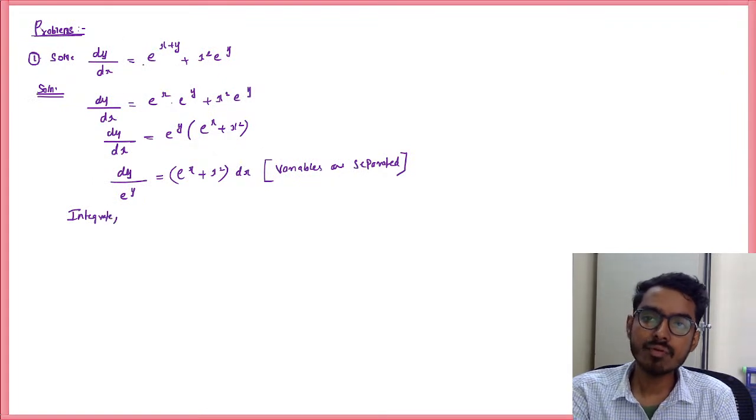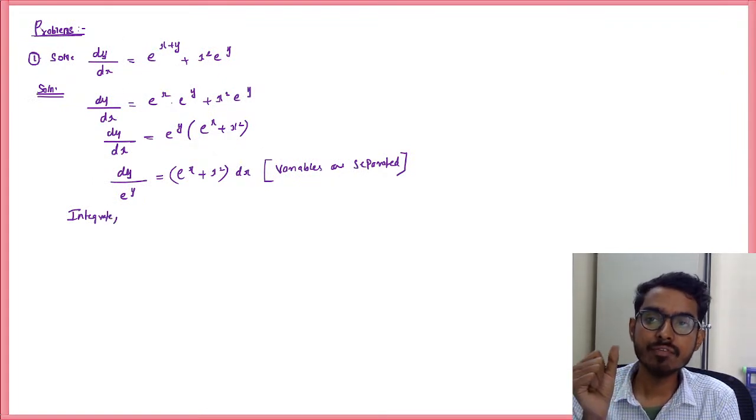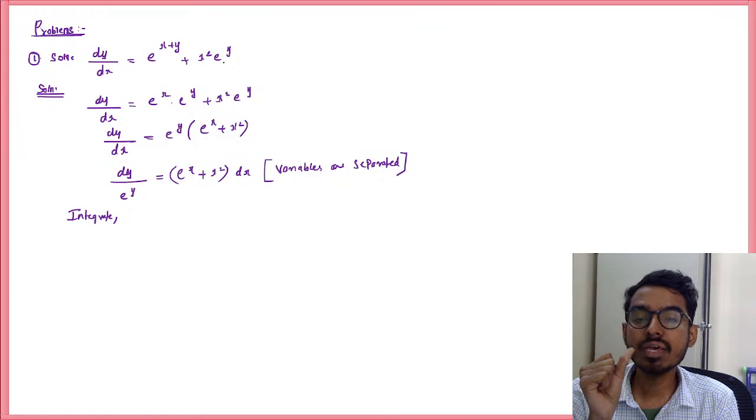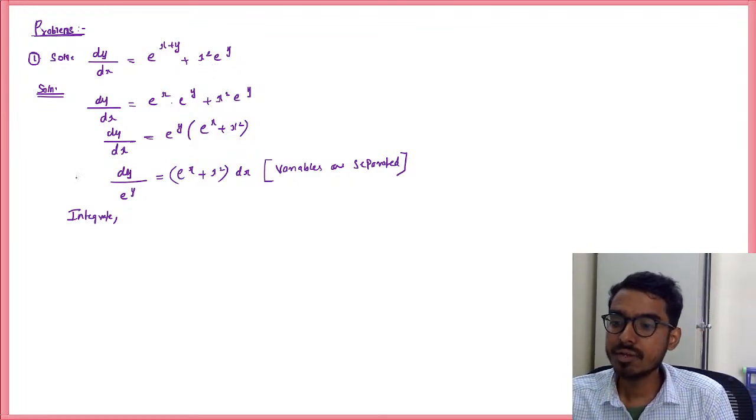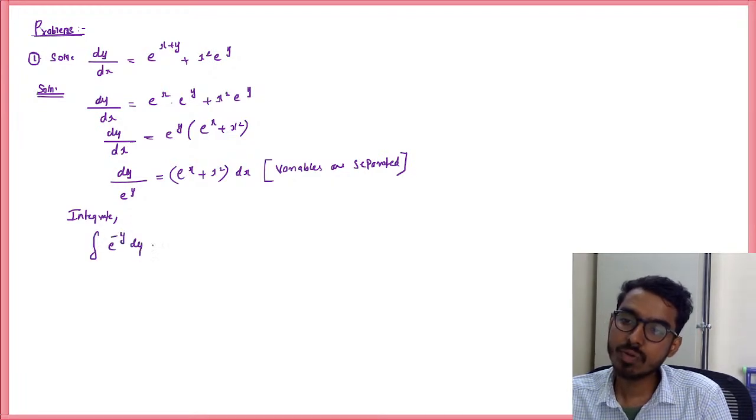What we mean is we need to find a function y such that if you differentiate with respect to x, you get e power x plus y plus x square e power y. That is the function we are finding now. So integrate: integration of e power minus y dy is equal to integration of e power x plus x square dx.